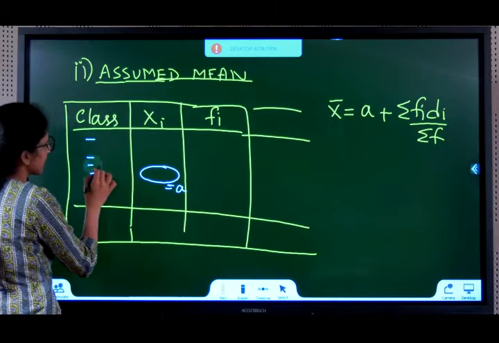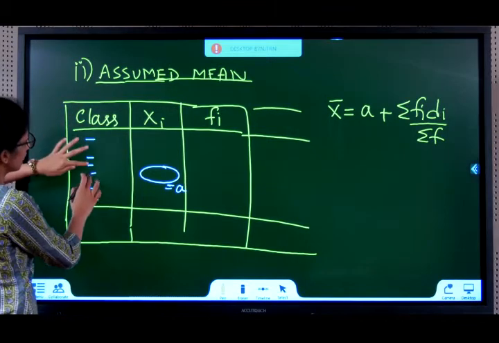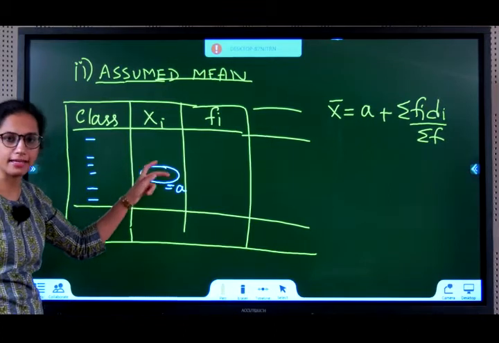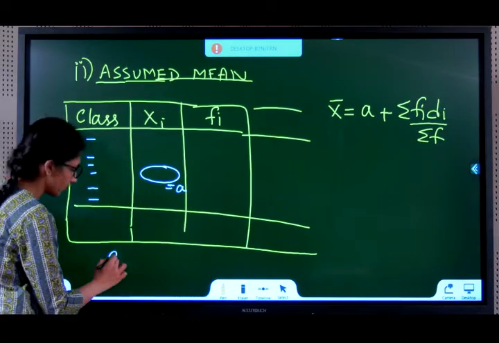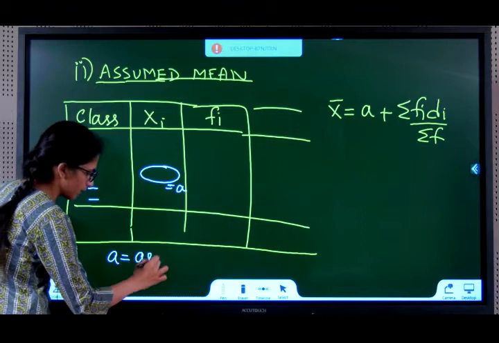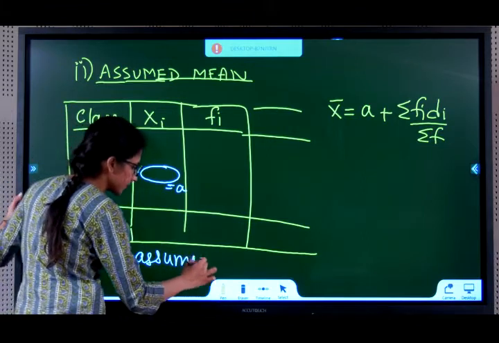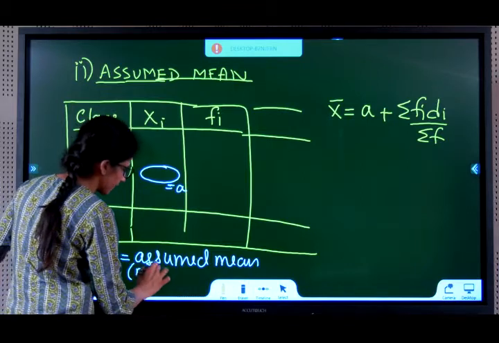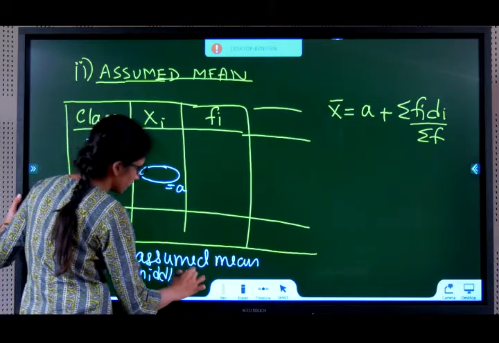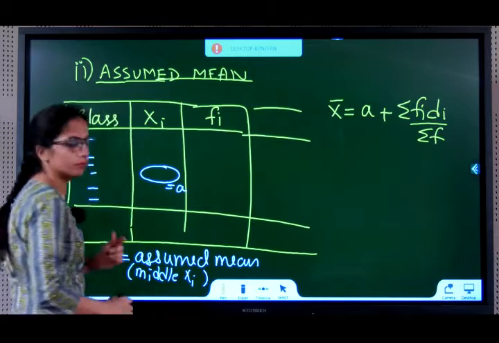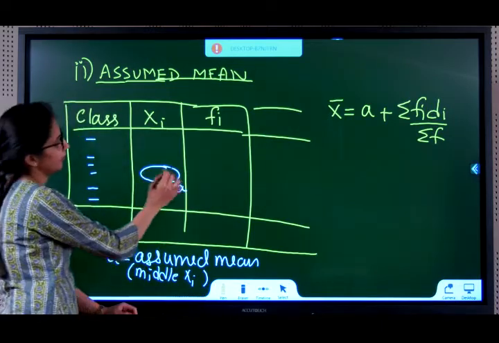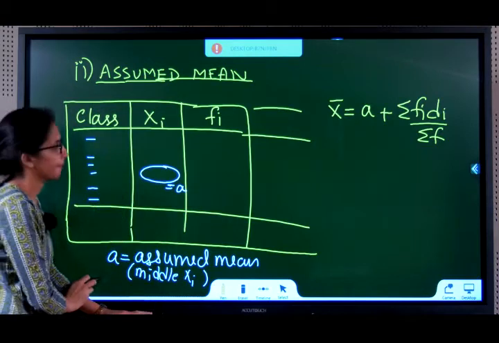Suppose there are 6 classes, you can select the third class or the fourth class, anybody's xi value, no problem. So what is the assumed mean? How did you assume that mean? The middlemost xi value. That will be taken as the assumed mean. Circle it in your table and mark A.